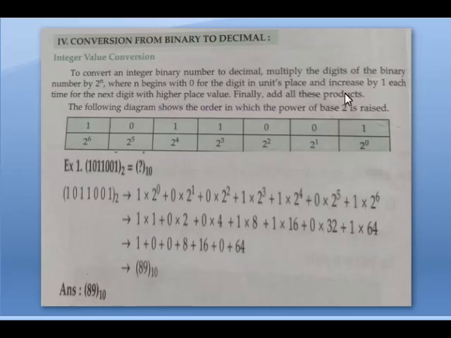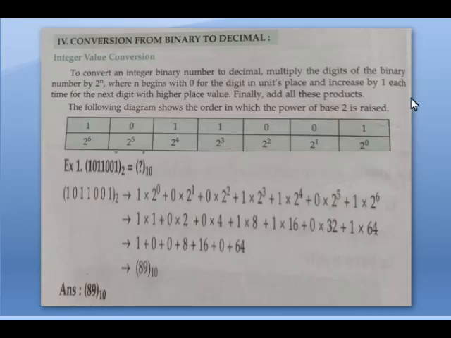Now we are going to see how to convert the number 1011001 to the base 2 to decimal. Base 10 means it is a decimal value, base 2 means it is a binary value. First we write all the digits: 1 0 1 1 0 0 1.